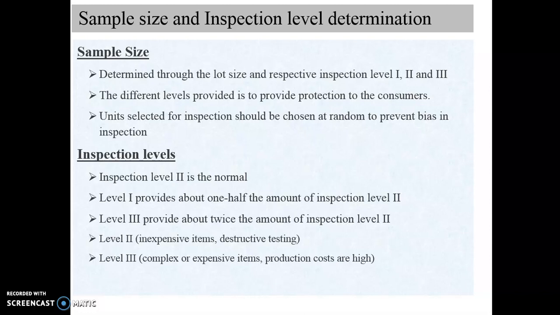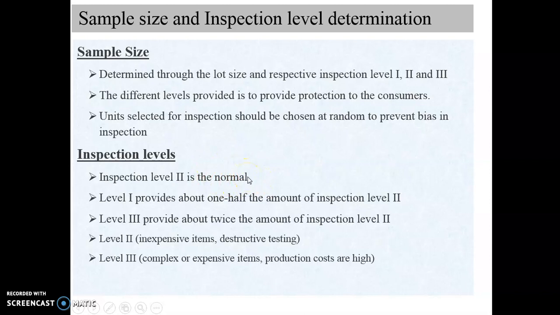If the inspection level is 2, that is a normal inspection. If the inspection level is 1, the sample size should be half of normal. Let's say normal is 200.